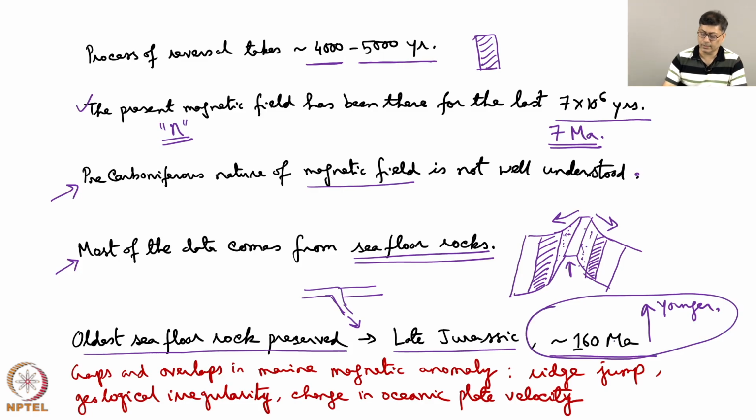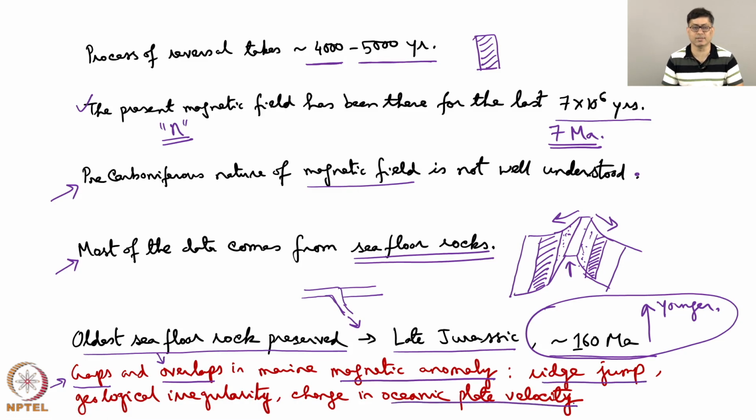Now, while we are dealing with the marine crustal rocks, there are certain gaps and overlaps in the magnetic anomaly. We can prepare the magnetostratigraphic table, and there can be some gaps and overlaps, and they happen because of the ridge jump, because of the geological irregularities, and because of the change in the oceanic plate velocities.